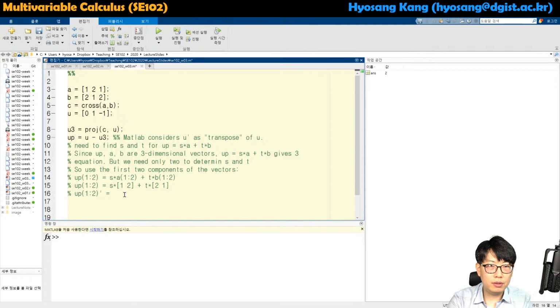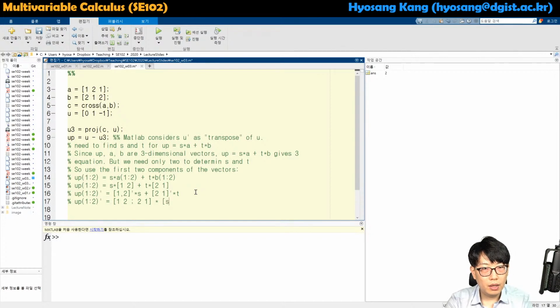So this column vector equals 1, 2 prime times S plus 2, 1 prime times T. So I also have to make these vectors column vectors. So in other words, UP 1 to 2 prime equals 1, 2, 2, 1 times S, T.